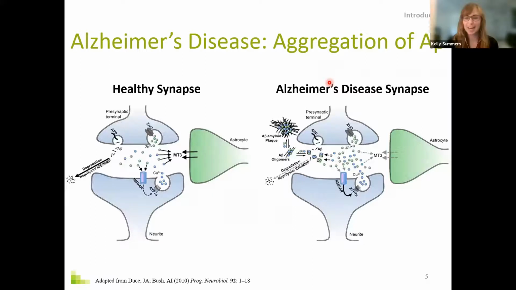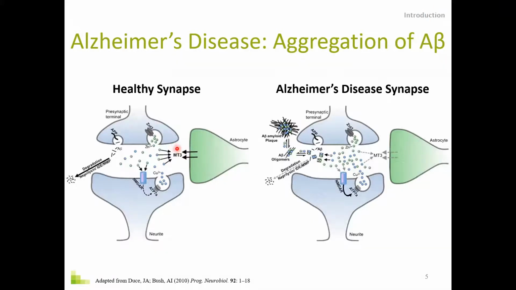That's a good question. I will not take full responsibility for this schematic. This is one that I had borrowed from an earlier paper, and it's not something that had jumped out at me, but that is a fantastic point, that it is interesting why they chose MT3. And I thought it was also a little strange, the way that the arrows are drawn here.